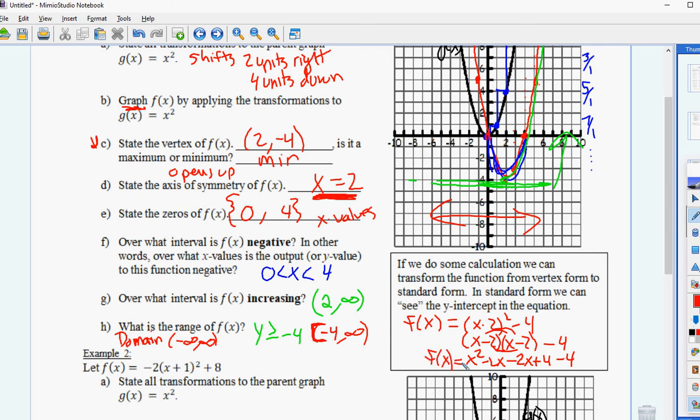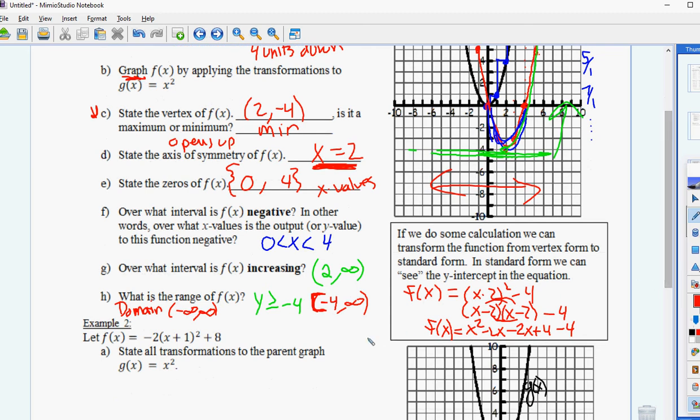And then when I combine like terms, I'm going to write my answer over here. I get f of x equals x squared minus 4x plus 0. I don't have to put the plus 0. I'm going to for a moment, because remember it says that we see the y-intercept.